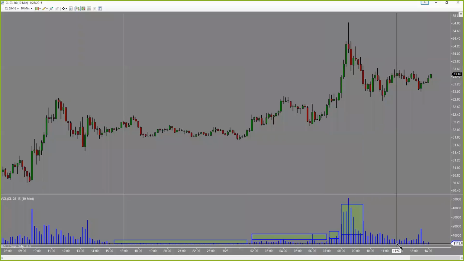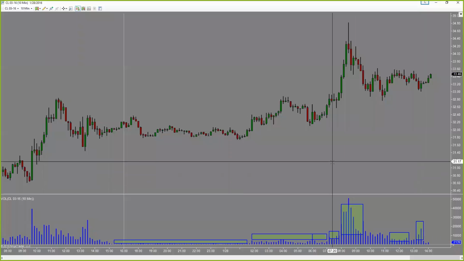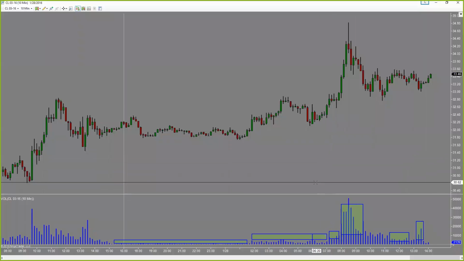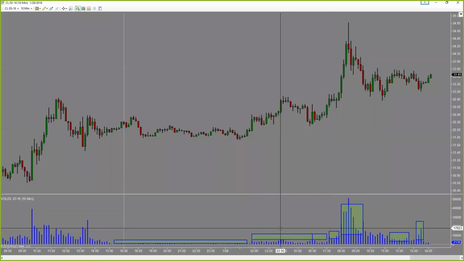We have usually a lull around lunchtime, and then it picks back up again for the close. Okay, so to compare the volume of the open to the volume of the pre-market or the overnight would make absolutely no sense whatsoever, right? I think that's fairly obvious to everyone.